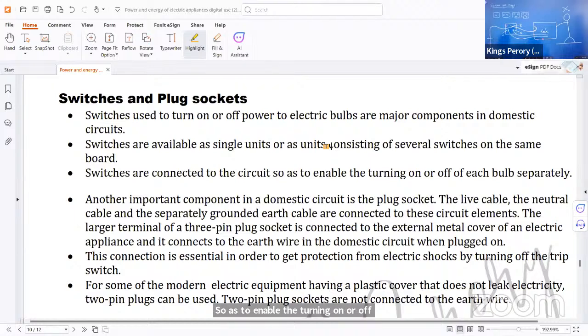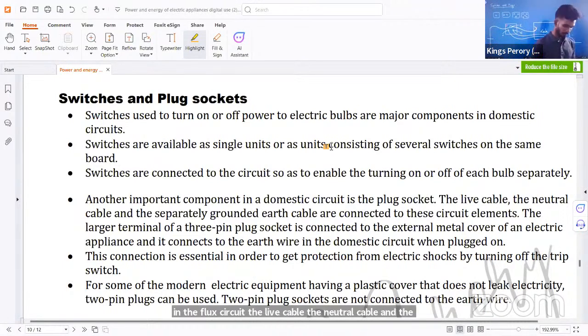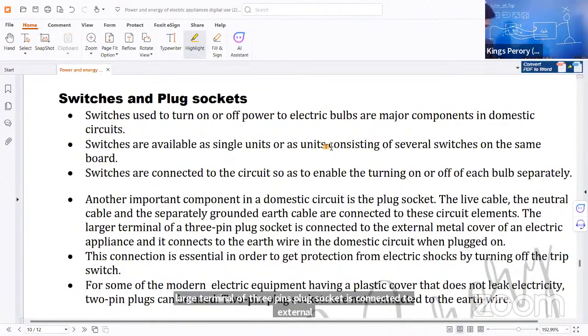Another important component in a domestic circuit is the plug socket. The live cable, the neutral cable, and the separately grounded earth cable are connected to these circuit elements. The large terminal of the 3-pin plug socket is connected to the external metal cover of an electric appliance, and it connects to the earth wire in the domestic circuit when plugged in.